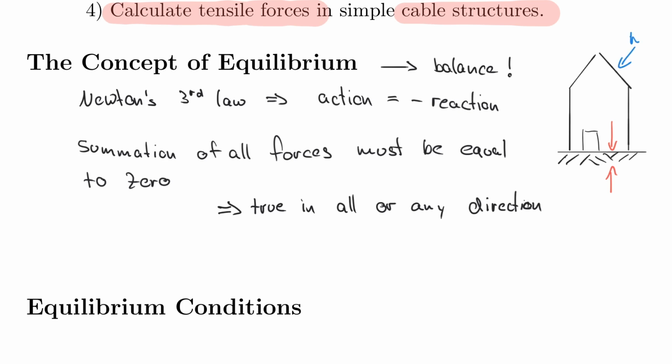So let's say there's wind pushing there, then of course the roof needs to push back in the opposite direction to keep equilibrium. And this is very important to understand, that we're talking about any direction here and not just an XYZ direction, because otherwise the system would just fail in a different direction, not necessarily the XYZ direction, but in a random direction.